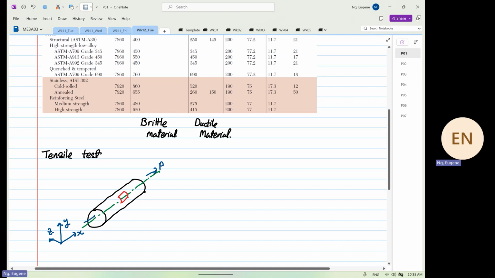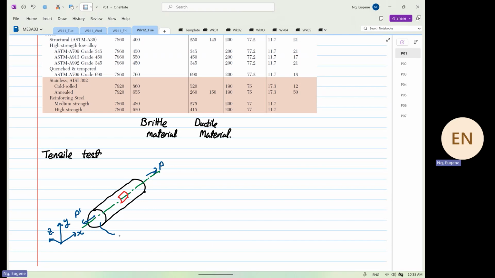So you've got P, you've got P prime, and over here, this is our cross-sectional area A.